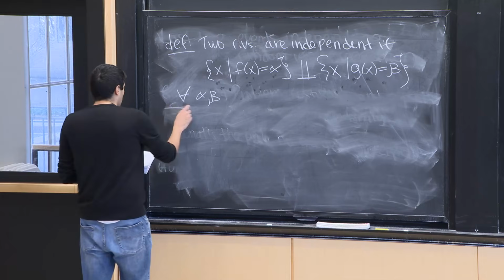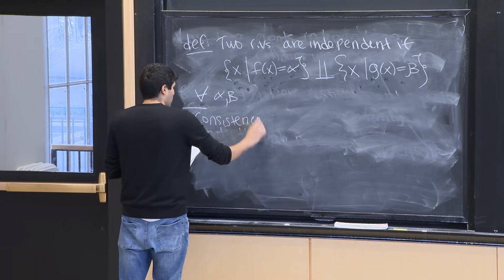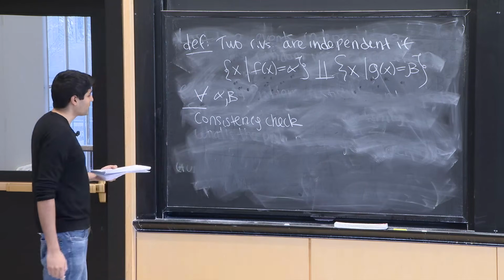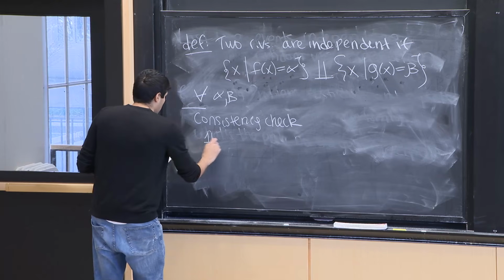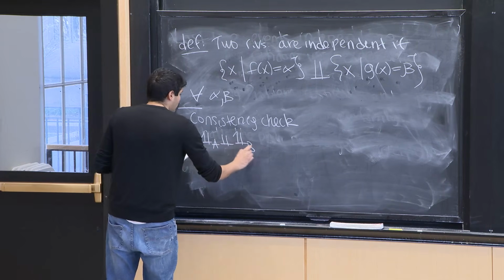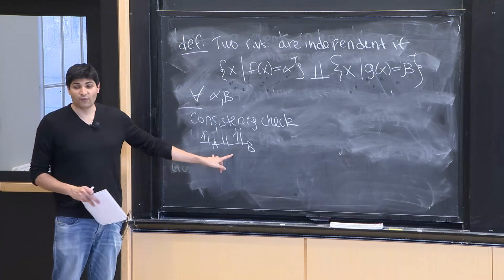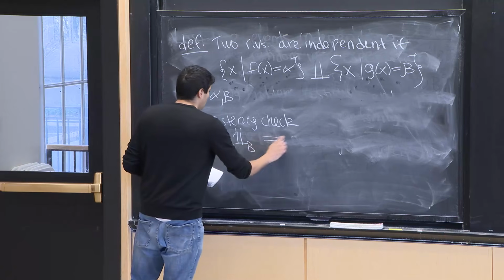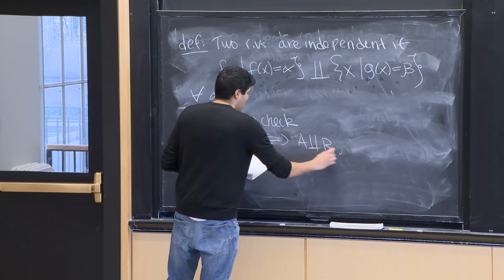One thing you can do is a simple consistency check. Sorry for going back and forth, but we can look at the indicators of two different events, A and B. Those are random variables. What does it mean for those functions to be independent? I claim that those random variables are independent if and only if their events are.